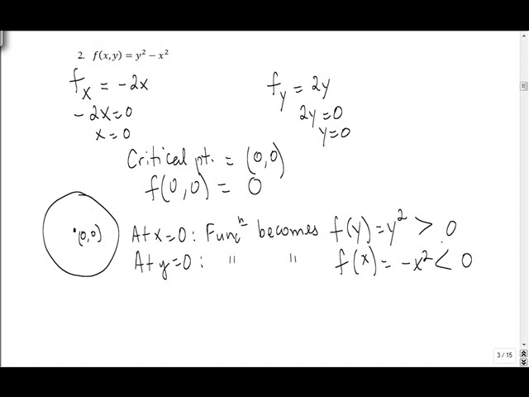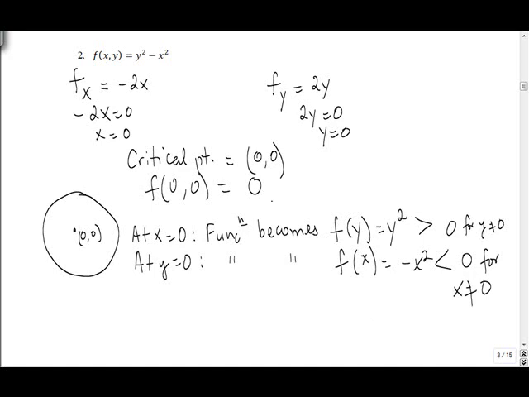So this is greater than 0 for y not equal to 0. The other one is less than 0 for x not equal to 0. What is happening? Some of the values are positive, some of the values are negative, and we have 0 in the middle.